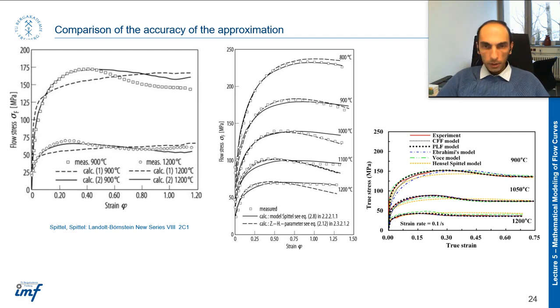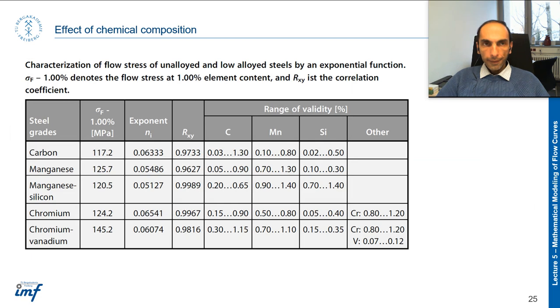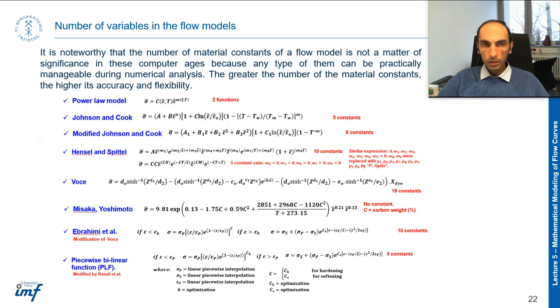And this table is talking about the effect of alloying elements on the flow stress in some models, not too many models, but a few. Here I can show you a model for steel which reflects the effect of some alloying elements like carbon and sometimes silicon on the flow stress.